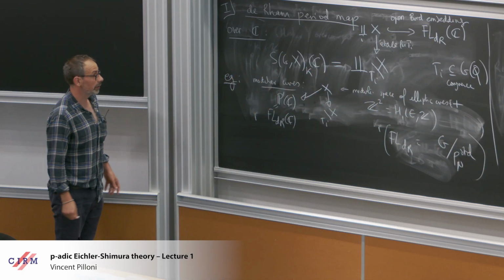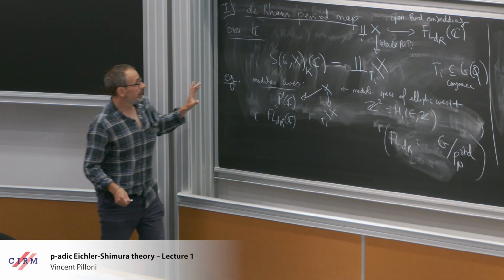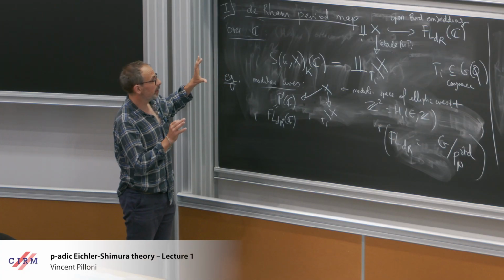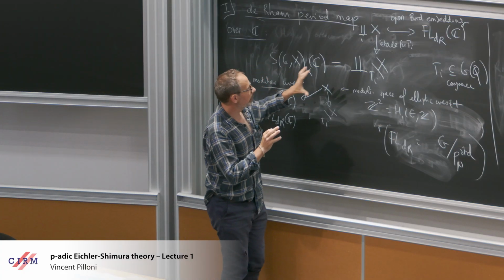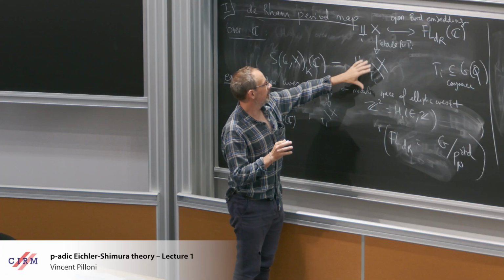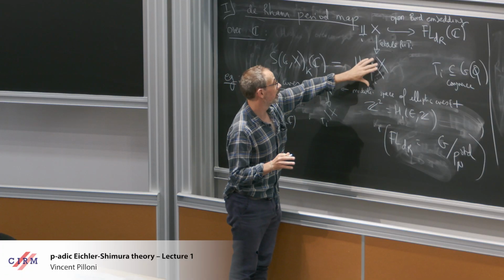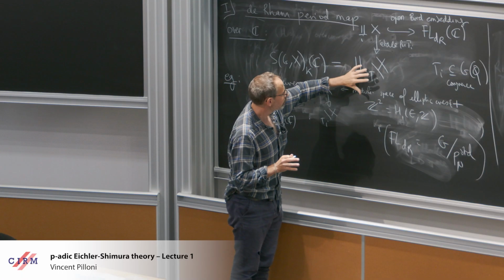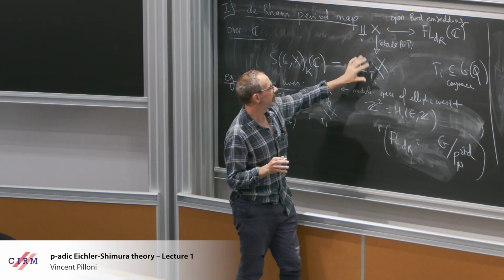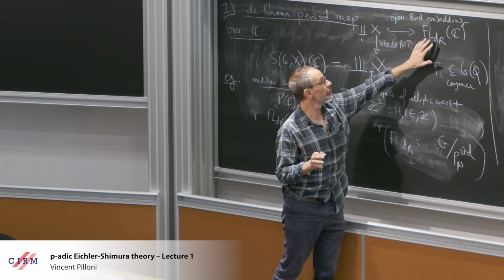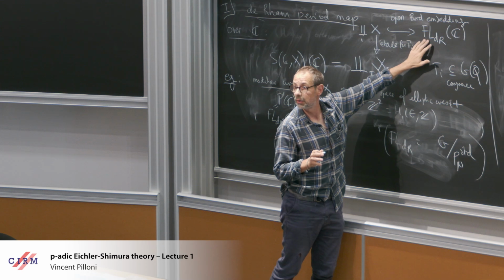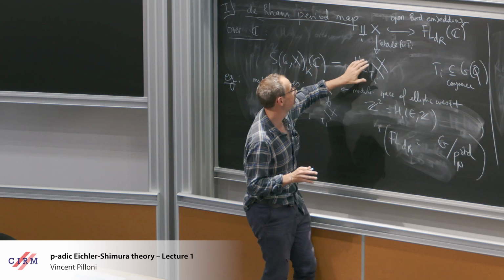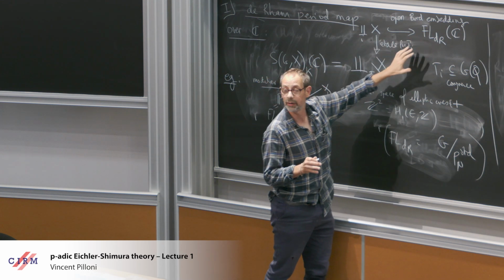Let's think about the modular curve. Now this picture is quite good, because it tells us that the C-points of the Shimura variety are very closely related to that simple space, the de Rham flag variety. Namely, you have this étale map and then you have this open.